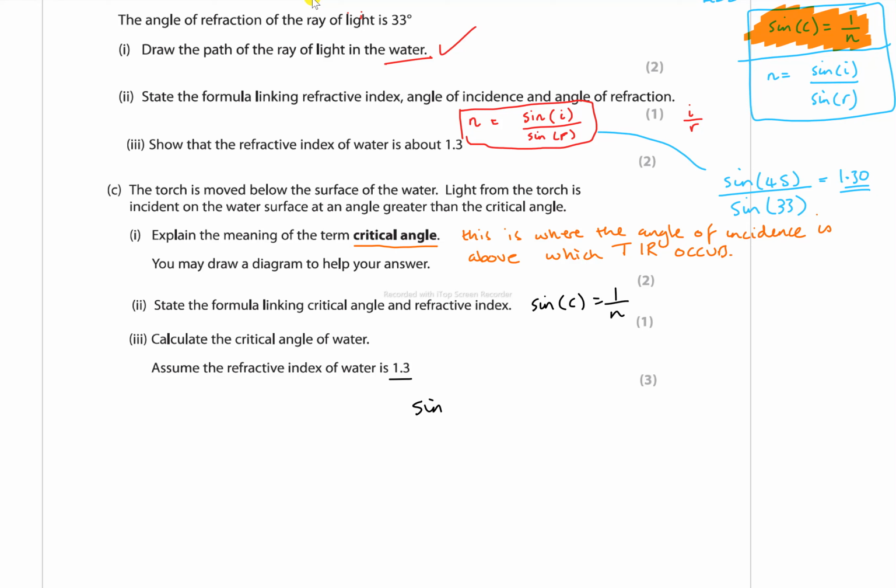So we've got sine C equals 1 over 1.3, so C equals sine to the minus 1 of 1 over 1.3. These are the 3 steps they want you to do. Don't just jump straight onto this one.